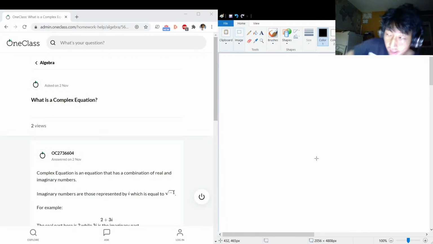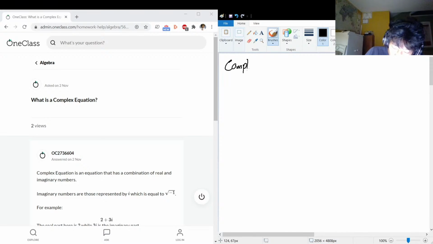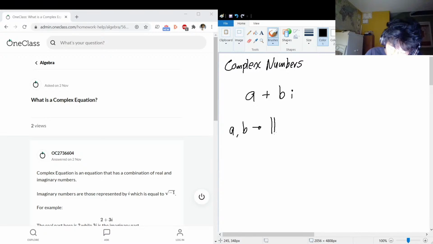Okay, so the next question that we got today is, what is a complex equation? A complex equation, also known as a complex number, I'll write that out. They have the following format. They're going to look like this: A plus B times I. A and B are real numbers.